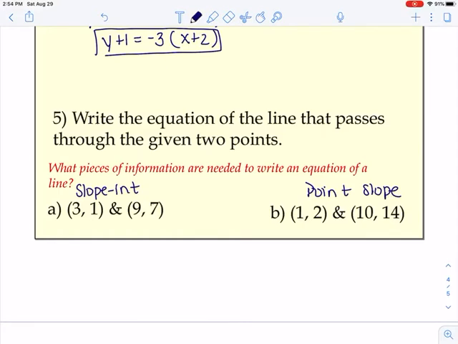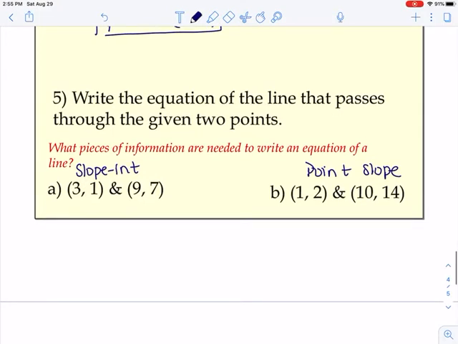However, I do know what the slope formula is. So I can find the slope of this line by using the slope formula since I have 2 points. So the slope formula, again, is going to be y1 minus y2 over x1 minus x2. I am just going to label this one x1, y1, and this one x2, y2.